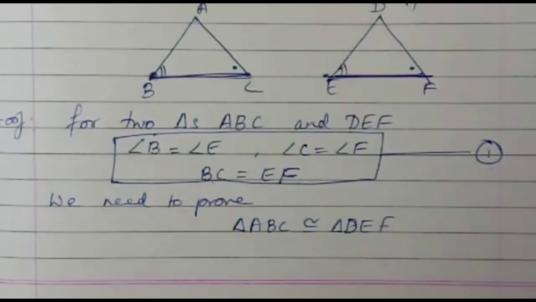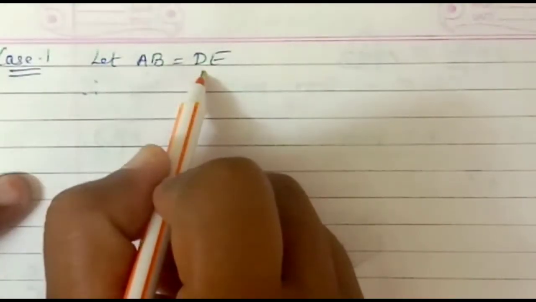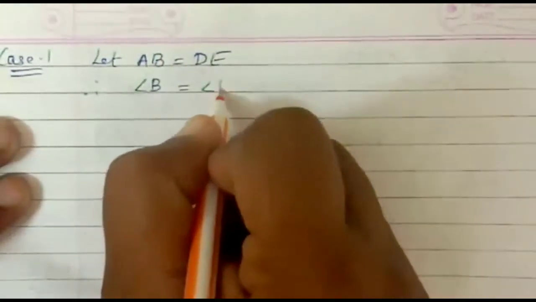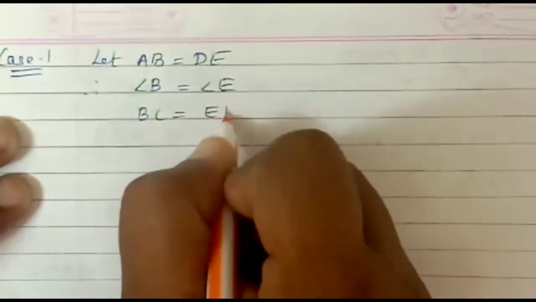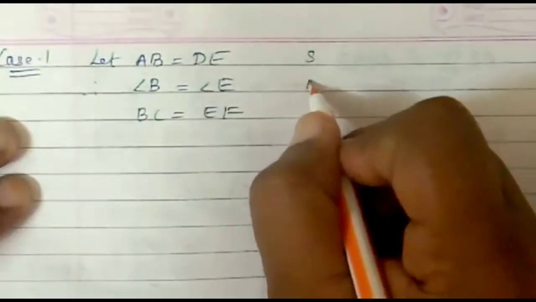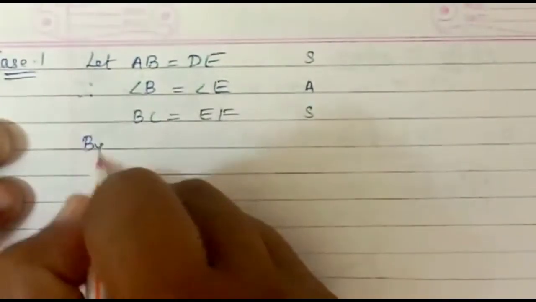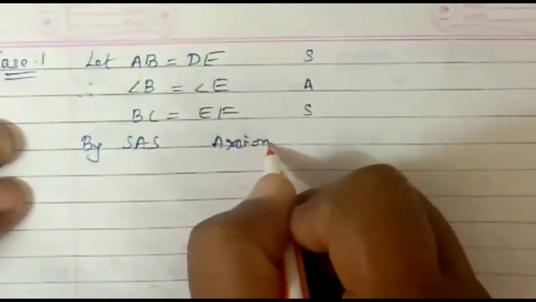So we will consider three cases here. Case number 1: if I take AB and DE equal, angle B is already equal to angle E by result number 1, and BC is equal to EF. Now you can see this is a side, then again you have one included angle and again a side. So by the SAS rule, which you must be remembering, that is axiom number 7.1.